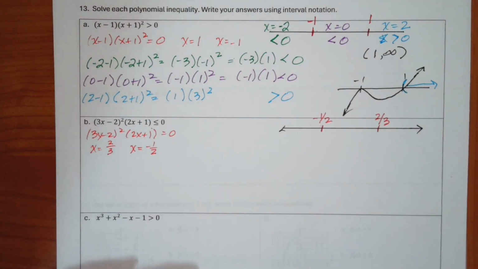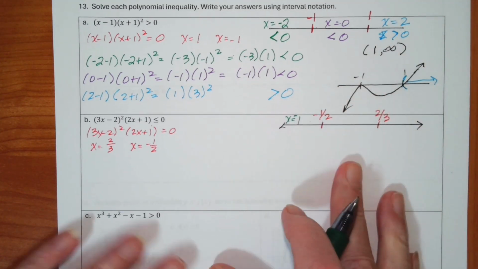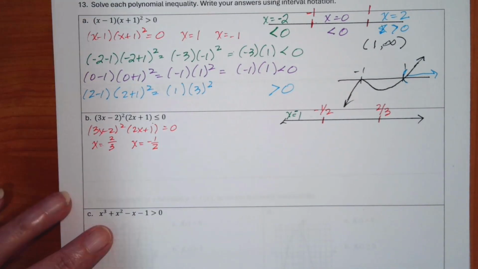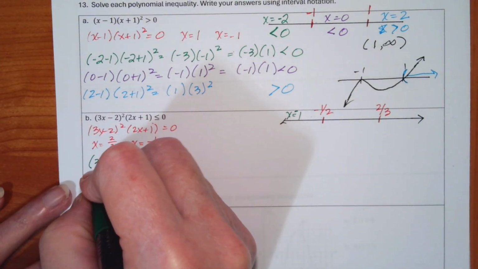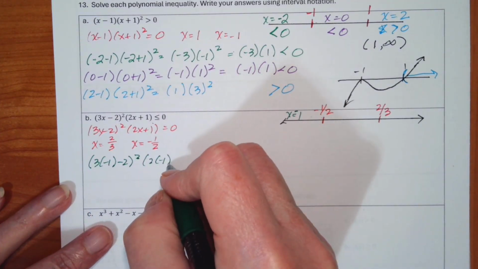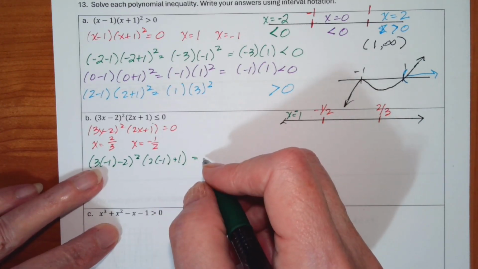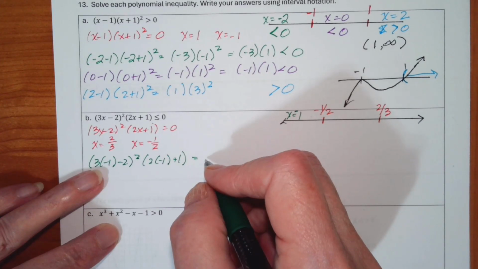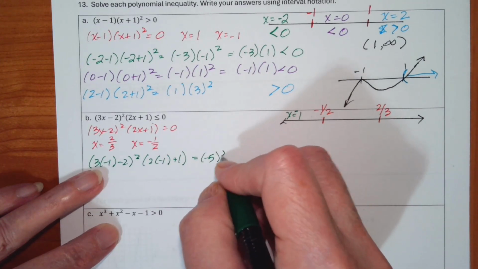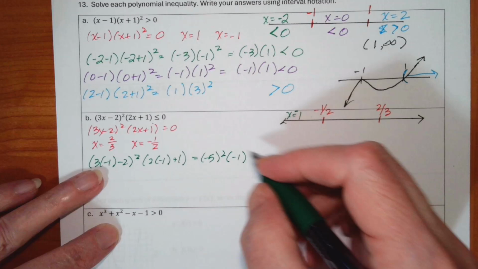All right, so I'm going to do the same thing. I'm going to pick something smaller than negative 1/2, which is negative 1. So if I plug that in, (3 times negative 1 minus 2) squared times (2 times negative 1 plus 1), that gives me negative 3 minus 2, which is negative 5 squared, times negative 2 plus 1, which is negative 1.